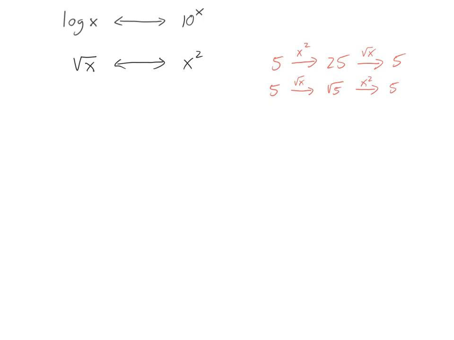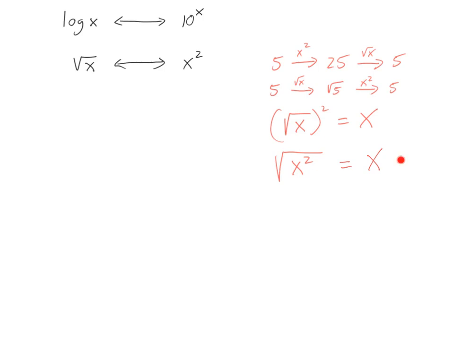Likewise, if I take a number and I square it, and then I take the square root, I get back to the original number. More generally, if I take a number x, I take the square root of it, and then I square it, I get back the original number. Similarly, if I take a number x, and first I square that, and then I take the square root of that, I get back the original number.